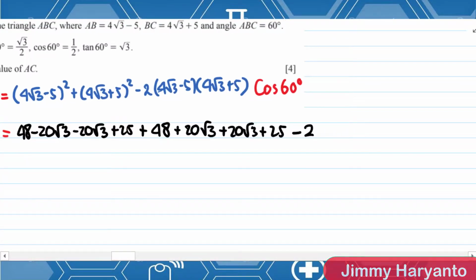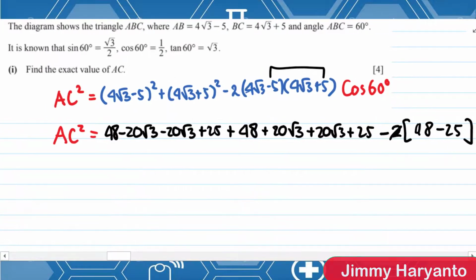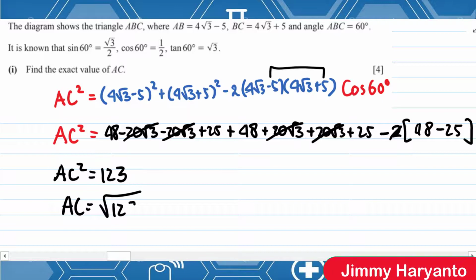And then minus 2 times this times this, 48. This times this times this equals 0. So the last one will be 25. And then cos 60 equals half. Cross out the 2 and then simplify. AC squared equals, you can cross out this and this, this and this. 48 plus 25 plus 48 plus 25 again, and then minus 48 minus 25, how much is that? 23. 23 equals 123. AC equals square root of 123.